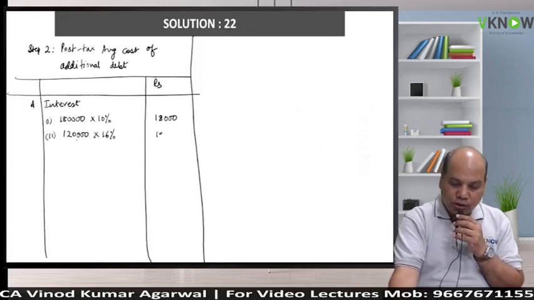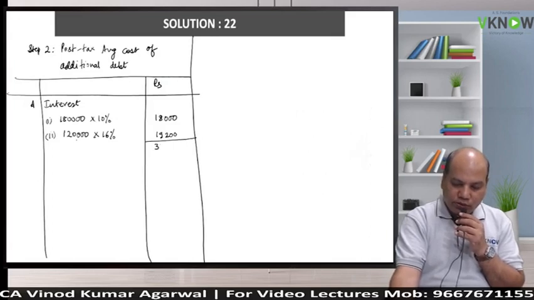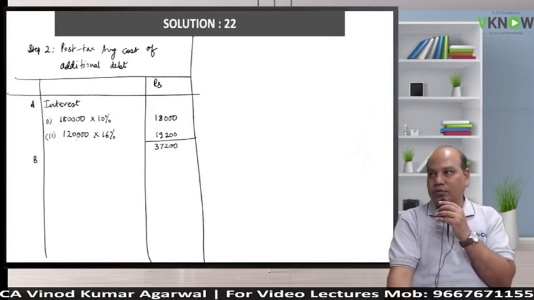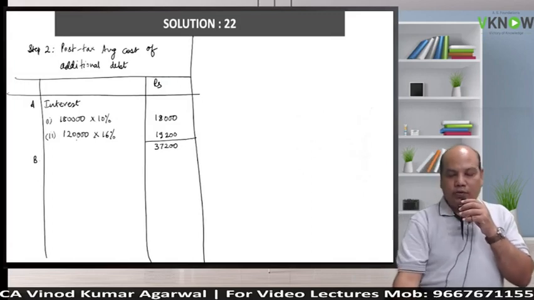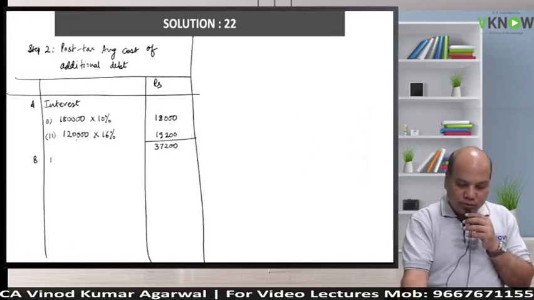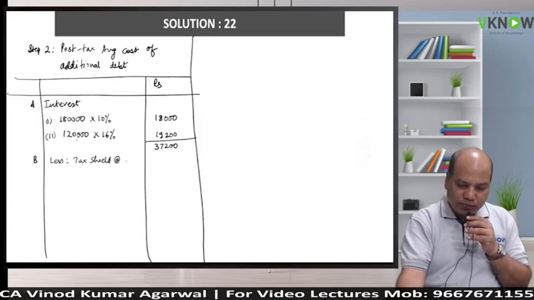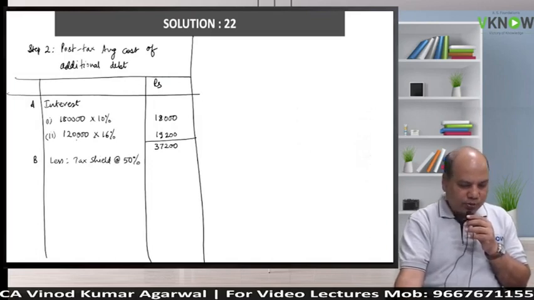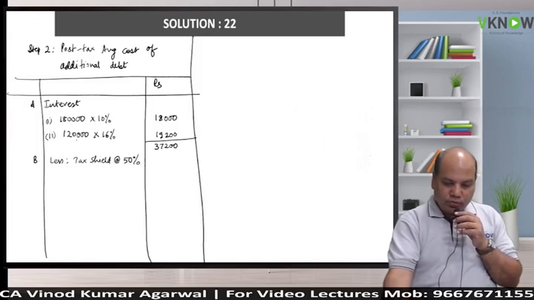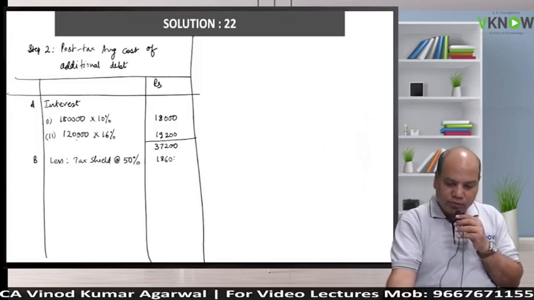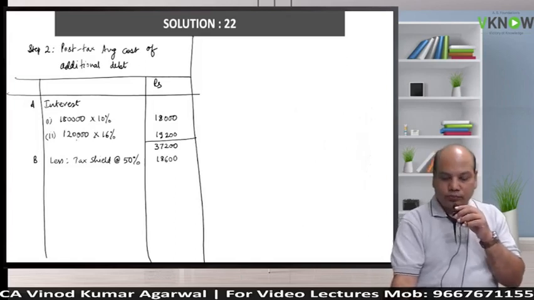So total interest here we are going to pay is 37,200. But there is a benefit of paying interest. What is the benefit? Tax shield. So write down less tax shield. And look at the question and tell me the tax shield. 50%? Oh my God, 50%. 18,600 rupees you are going to save.